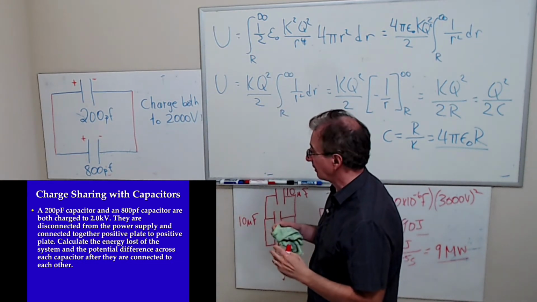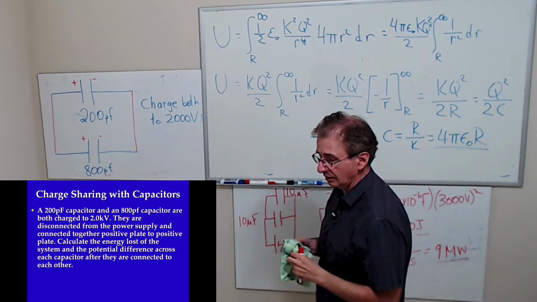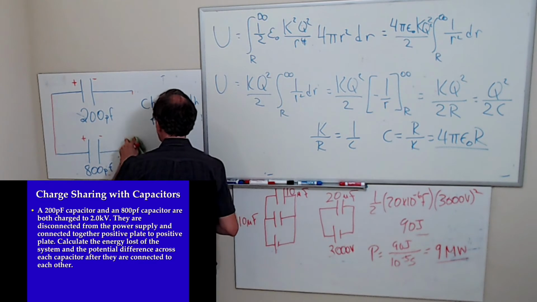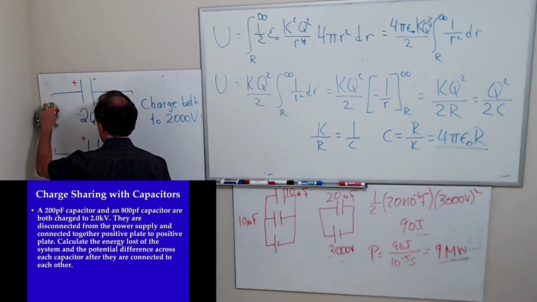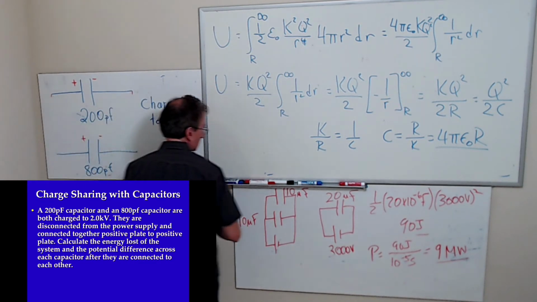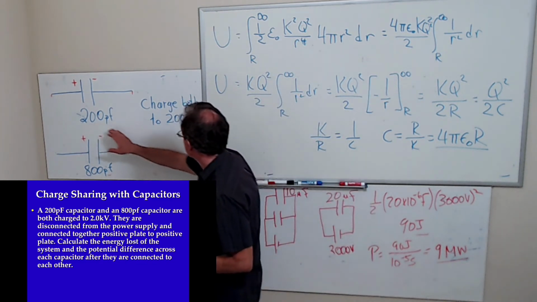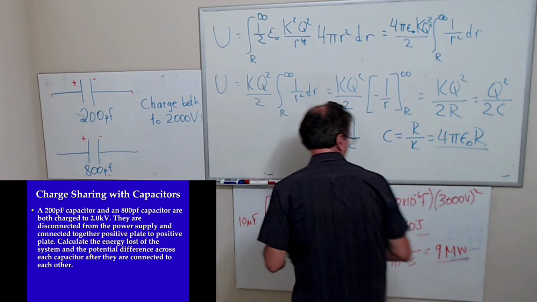Okay, that's the problem. The question is, what happens? So let's go back before this. I want to calculate the charge on each capacitor. So the charge on each capacitor is going to be 200 picofarads times 2,000 volts.